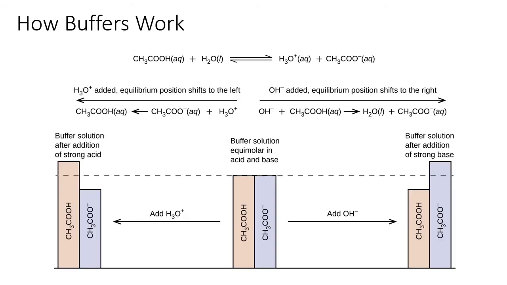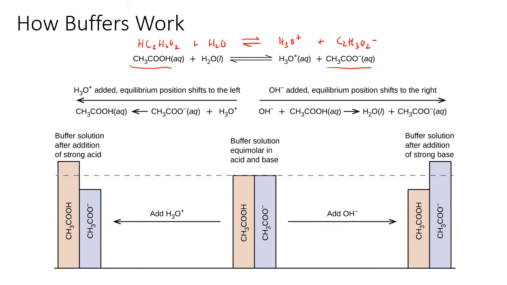So we have our overall equation for the dissociation of our weak acid. Maybe we can rewrite this: HC2H3O2 plus H2O, and that's in equilibrium with the hydronium ion and the acetate anion, C2H3O2 minus. The way it's written below is just a little bit different way of expressing the formulas for acetic acid and acetate anion. So how will this buffer system adjust essentially if we were to add in some strong acid?